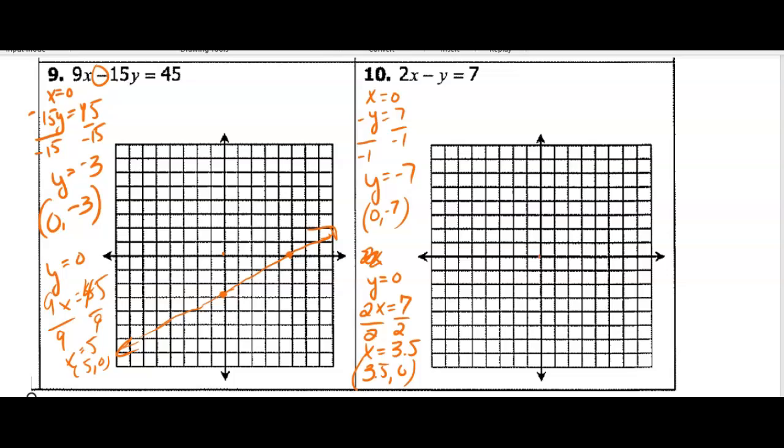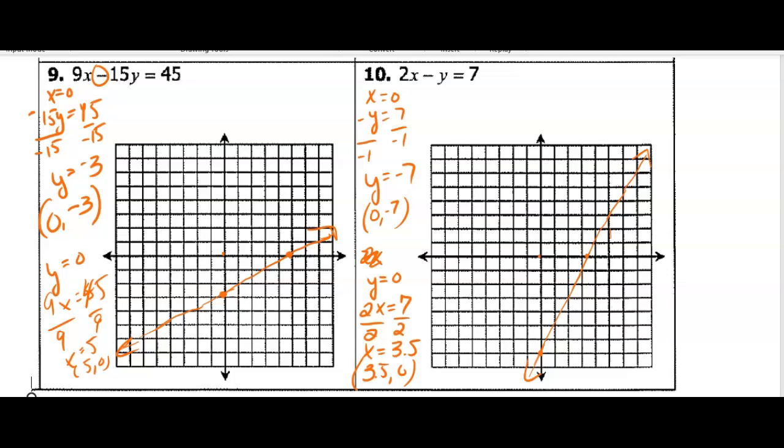So 3.5, 0, and then 0, negative 7, 2, 4, 6, 7, and sketch your graph. Notice how I go all the way through.